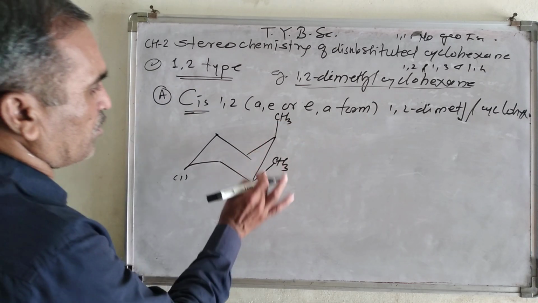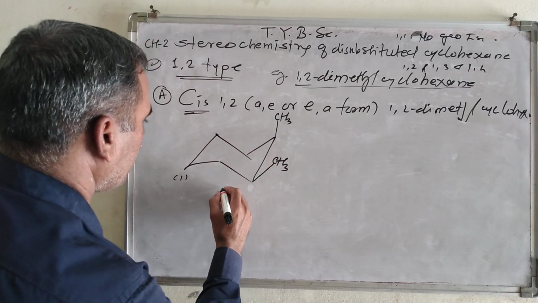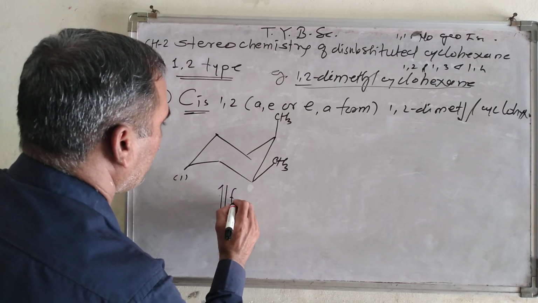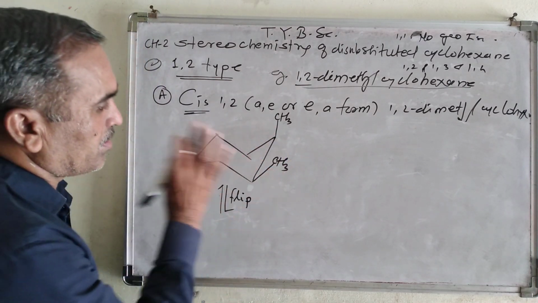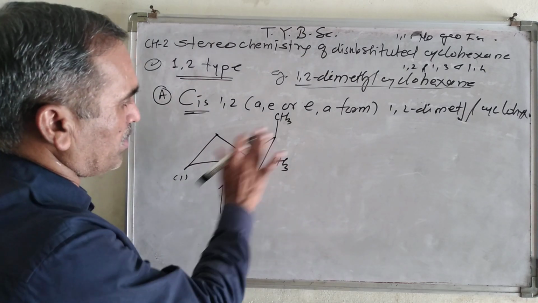This is a methyl group and one methyl group here, AE form. Now I am doing the flipping process. Flipping is a process where axial becomes equatorial and equatorial becomes axial. Now I am numbering this.